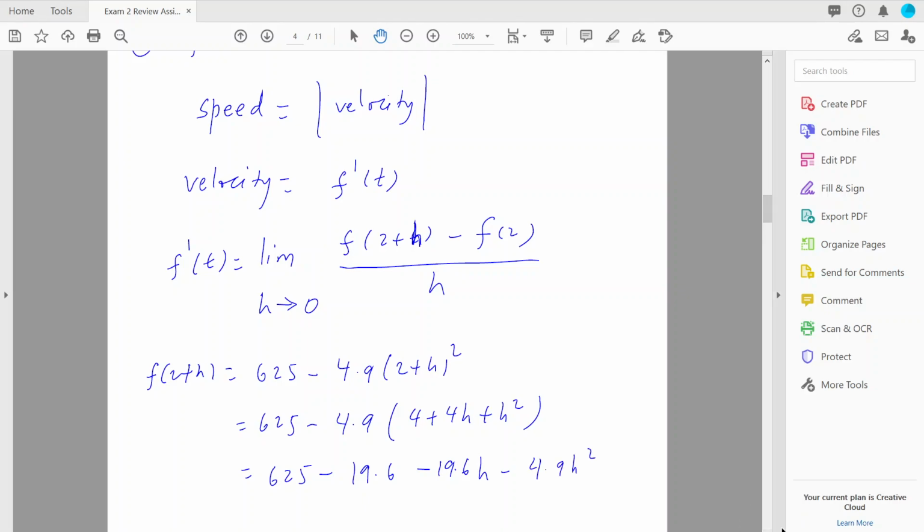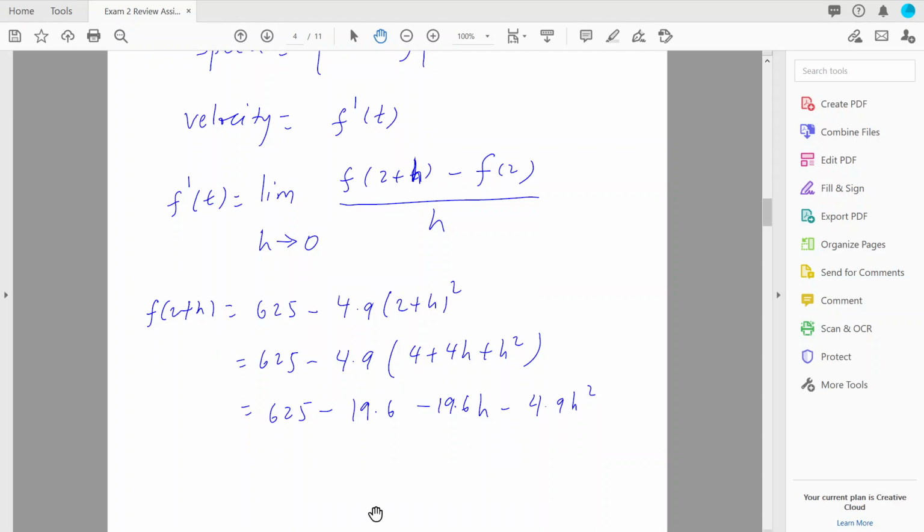So 625 minus 19.6 is 605.4, so f of 2 plus h is 605.4 minus 19.6h minus 4.9h squared.